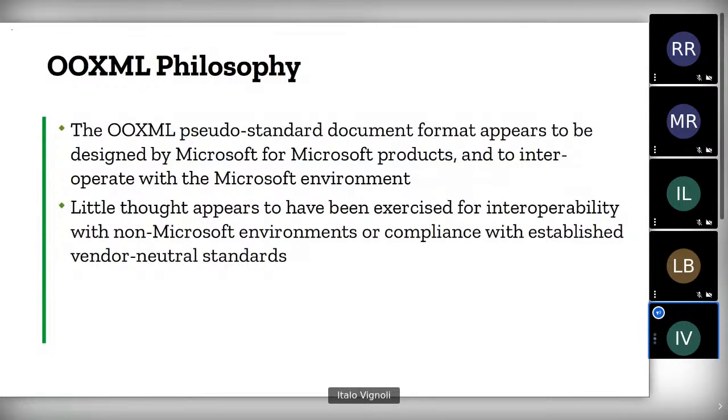So Office OpenXML, apart from not being a standard, as it has never been approved by ISO, has never been really implemented in a document, but has been designed by Microsoft for Microsoft products. So this is unfortunately the reality.